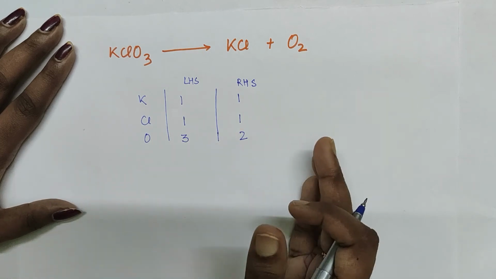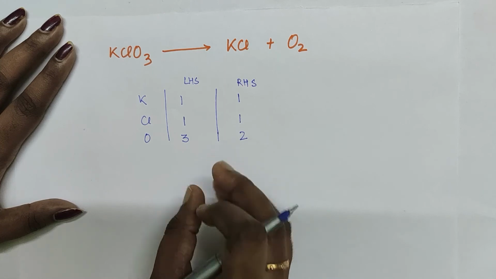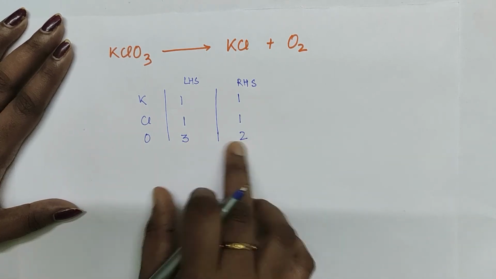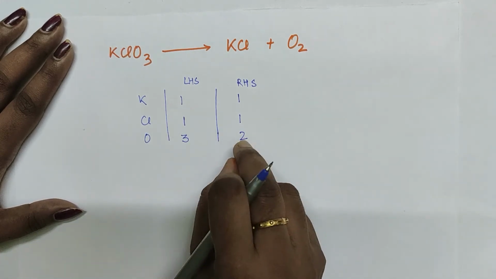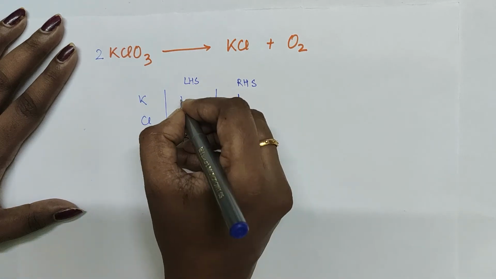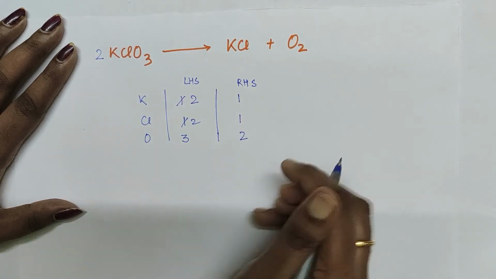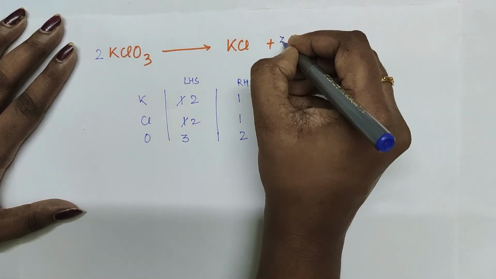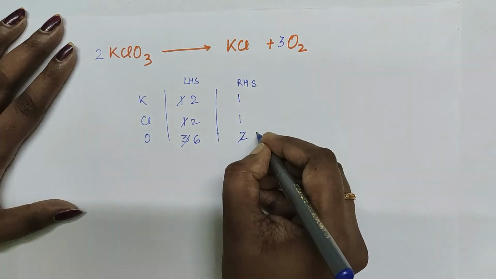The least common multiple of 3 and 2 is 6. So how do I make 3 as 6 and 2 as 6? By multiplying 3 by 2 and 2 by 3. So if I put a 2 here, the chlorine will become 2 and the potassium will become 2. But now if I put a 3 here, oxygen becomes 6 here and 6 here.